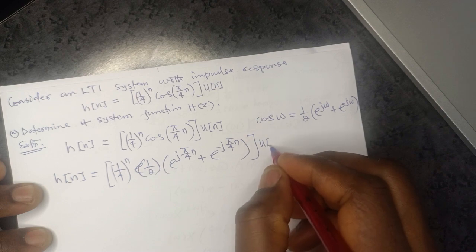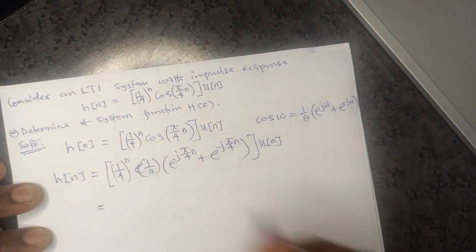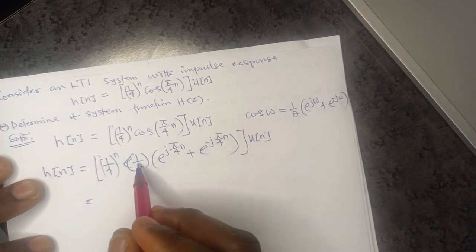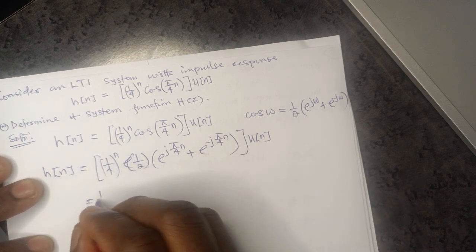So u(n). If we expand this bracket, we can bring out this half.